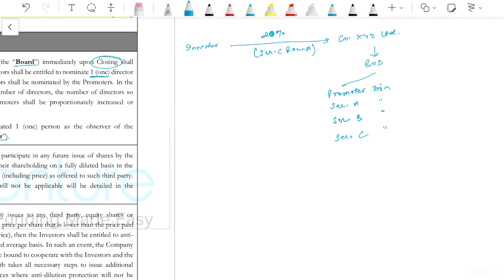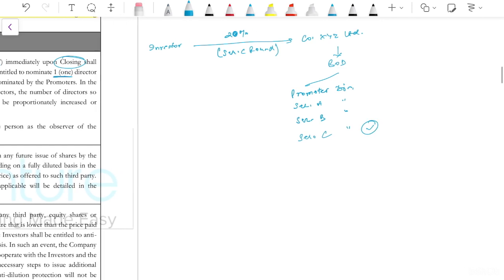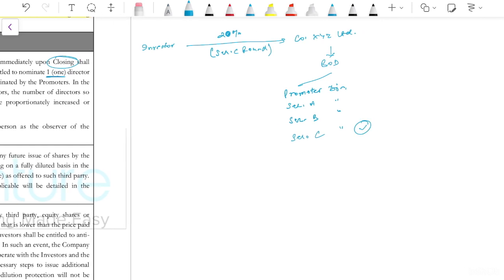And in that case, the company says, okay, appoint one director to the board. That is fine. However, understand the fate of the investor director: the investor director might be a director to 40, 50 boards because he or she might be a director to all of the portfolio companies, and hence they ask to allow them an observer seat in the board as well.